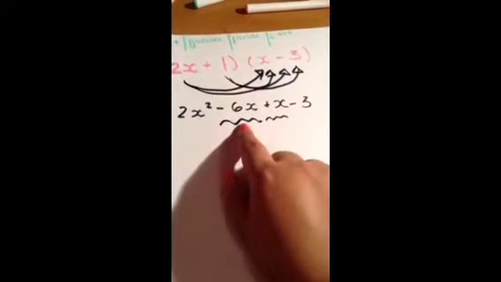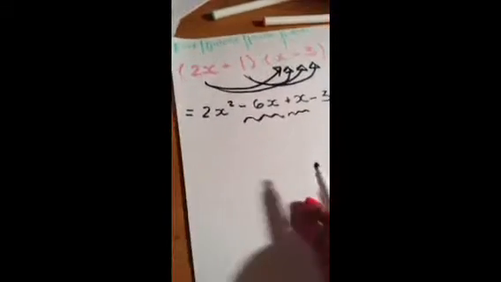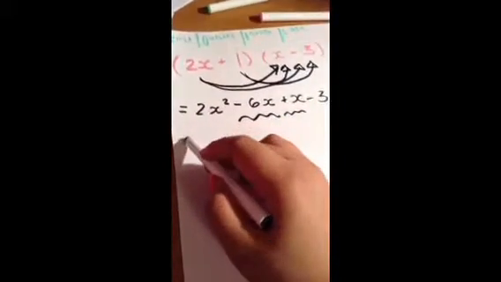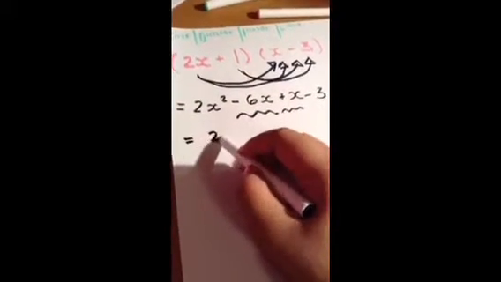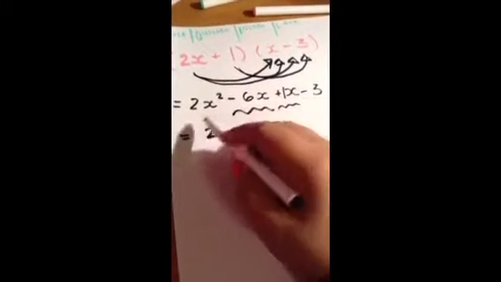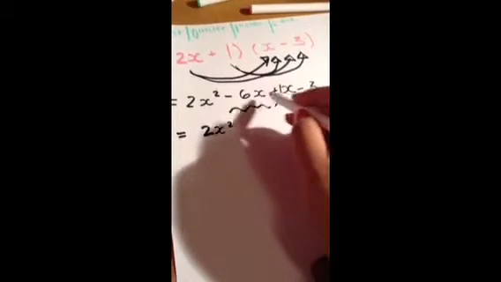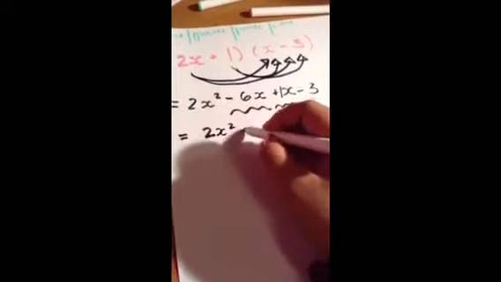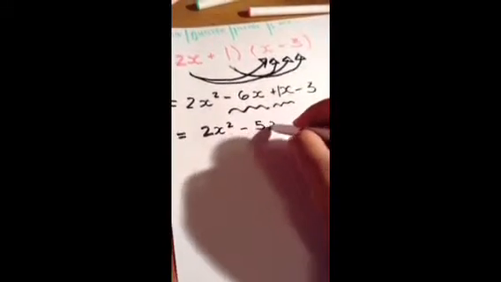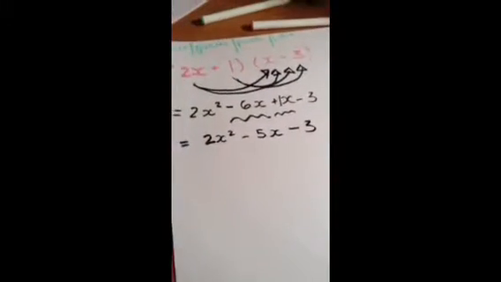You may have noticed we have like terms here, and you know that we're not supposed to have like terms, so we're just going to add, because remember the 1 should have been there. Negative 6x plus 1x will give us negative 5x, take away 3, and that's our answer.